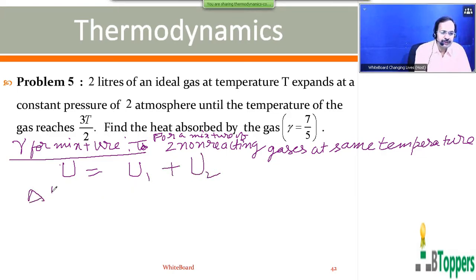Or, when the temperature changes by dT, the change in the internal energy of the system of the two gases is equal to the change in internal energy of the first gas plus the change in internal energy of the second gas.